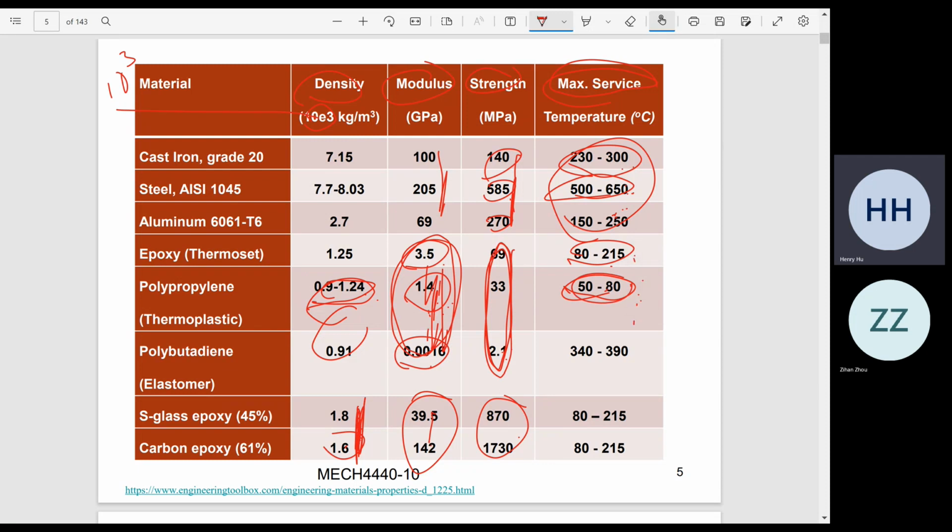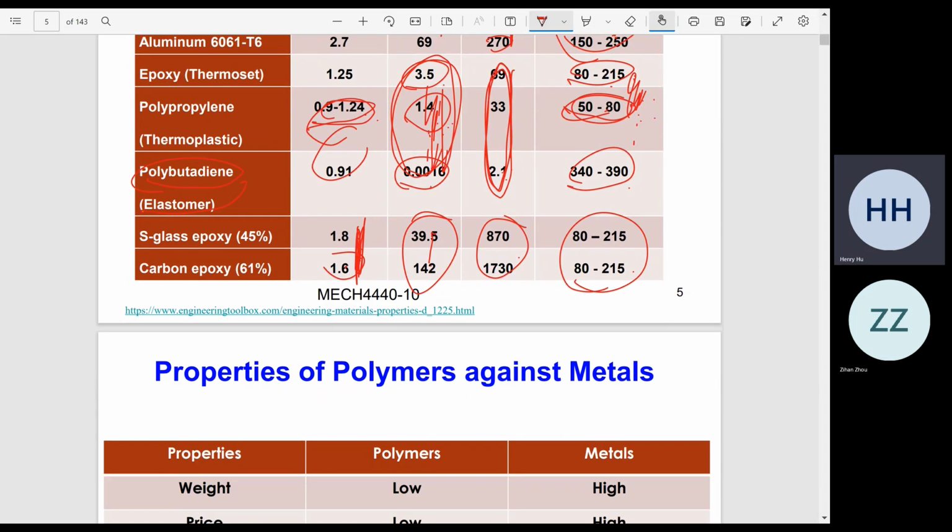Okay, normally around 100 degrees C in that range. Elastomer, polybutene, butadiene, and give you a high temperature. And composite can give you a little bit of high temperature over there in terms of service. Okay.